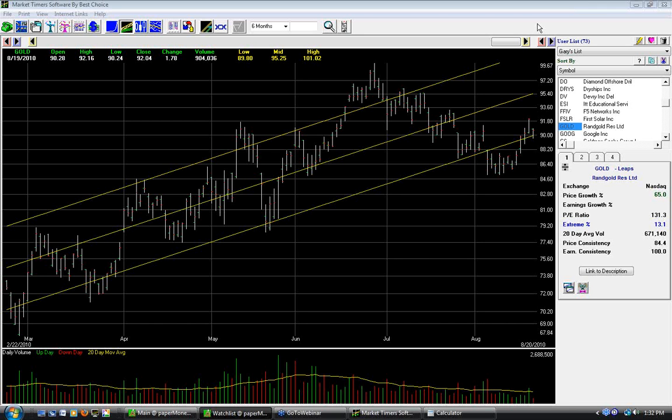So if you want to apply some of these principles that we're teaching, and especially apply the Best Choice software, there are definitely techniques and ways to use Best Choice to enhance your spread trading. So I really want to encourage you, if you want some help in those areas where I'm particularly not experienced, call the office and set up an appointment with Scott. He is the resident expert.